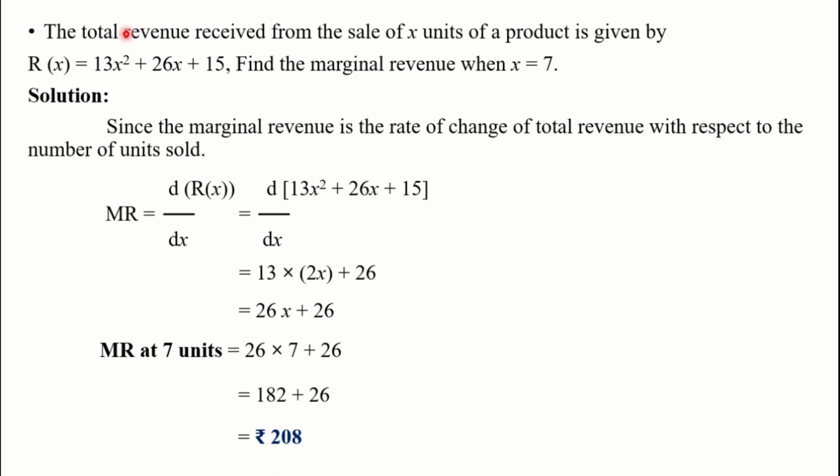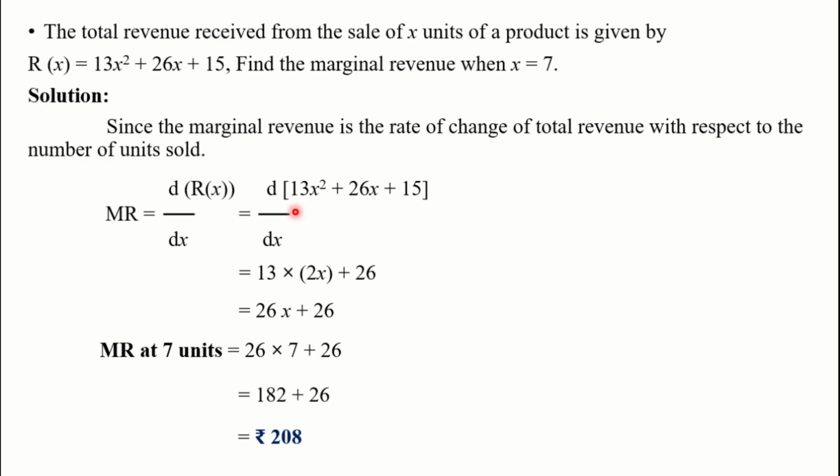Next problem. The total revenue received from sale of x units of a product is given by R of x is equal to 13x square plus 26x plus 15. Find marginal revenue when x is equal to 7. Since the marginal revenue is the rate of change of total revenue with respect to the number of output or number of units sold, simply we find the derivative of the revenue function with respect to x, or we can say output.